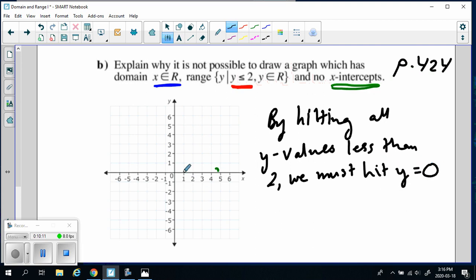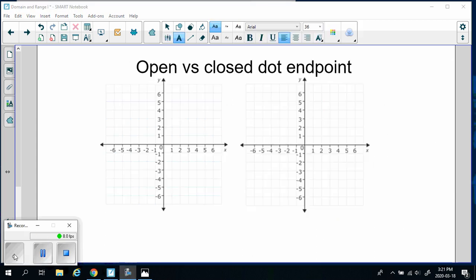So y equals 0 is somewhere along this line, which is an x-intercept. So you can't tell us to hit all the y values less than 2. That means we have to hit y equals 0, but that's an x-intercept, so we have a contradiction. And that's why this graph is impossible to draw.